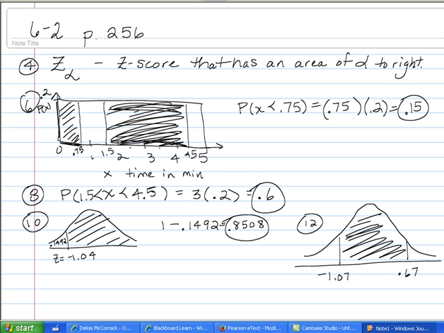So 0.67, I keep losing my table here. Okay, 0.67, 0.7486.